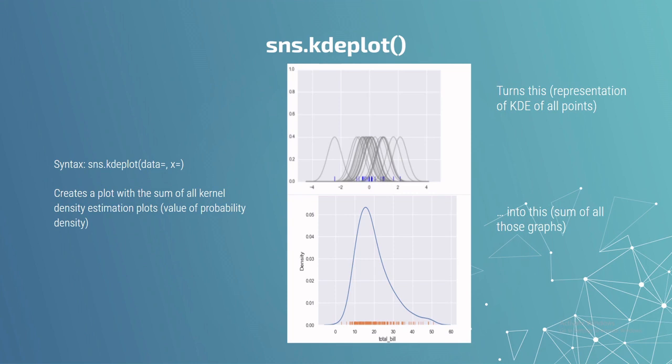What then happens is it uses that density and creates a new graph, adding all the density points together. It looks somewhat representative of the density of the actual values, which is quite important and useful because you can quantify the amount of values in a certain area. KDE plots are extremely useful also when trying to figure out, without saying it in qualitative terms, exactly how many points are in a certain area.